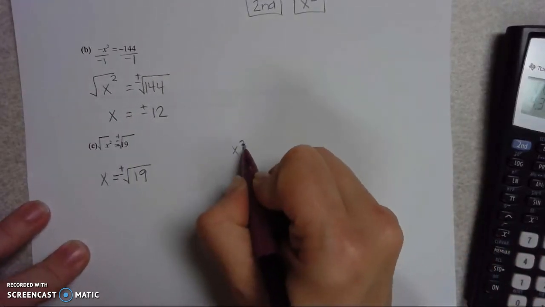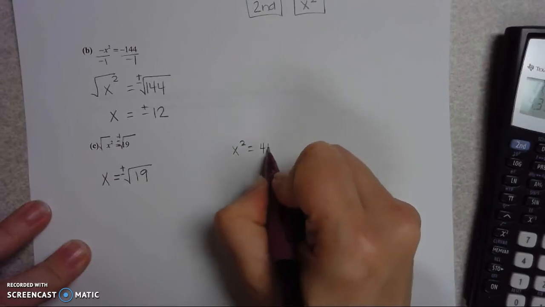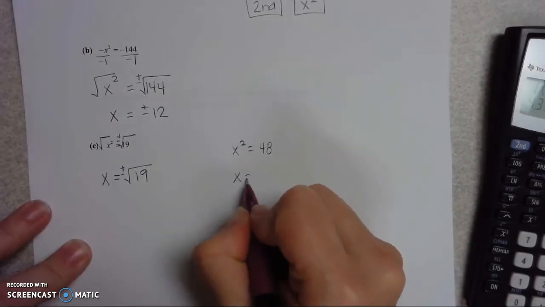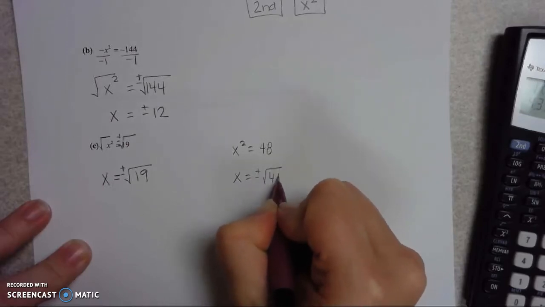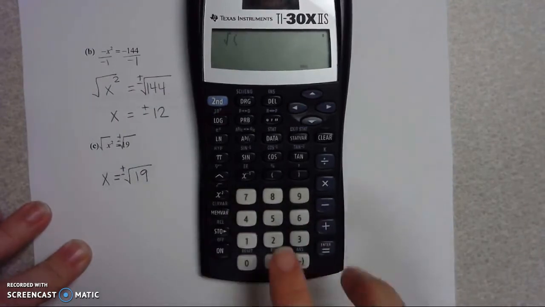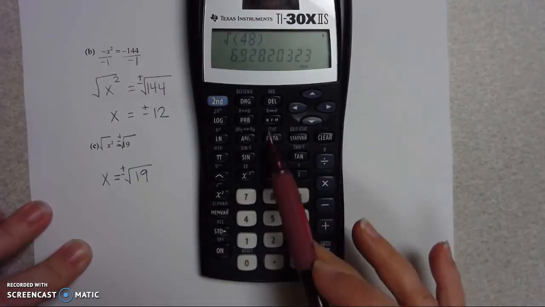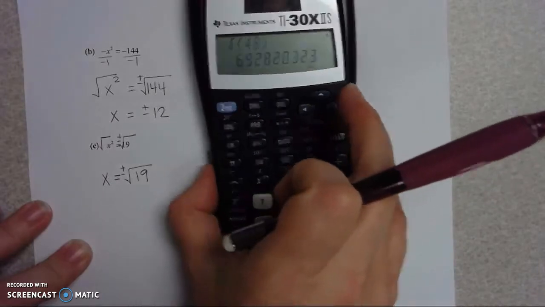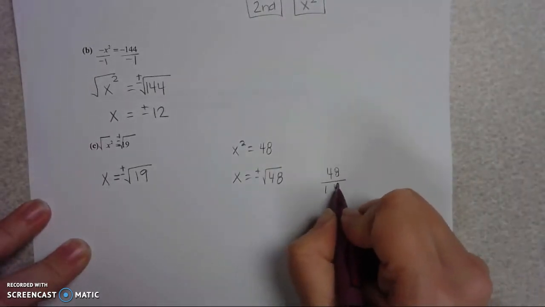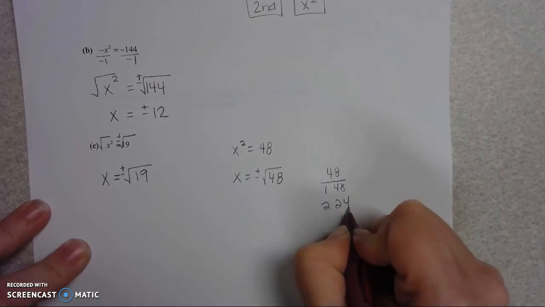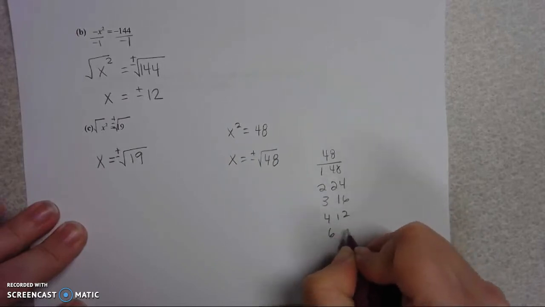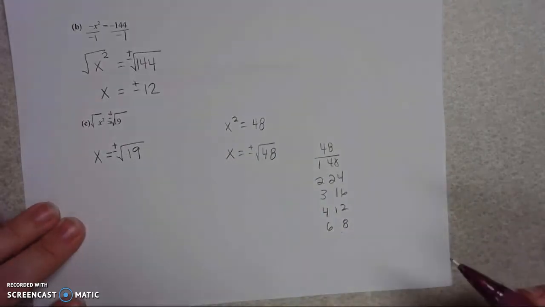For example, if I had x squared equals 48, I would take the square root of both sides to get plus or minus the square root of 48. When I take the square root of 48, notice I get a decimal. But if I look at the factors of 48: 1 times 48, 2 times 24, 3 times 16, 4 times 12, and 6 times 8.